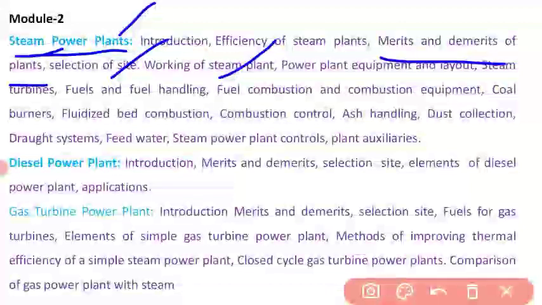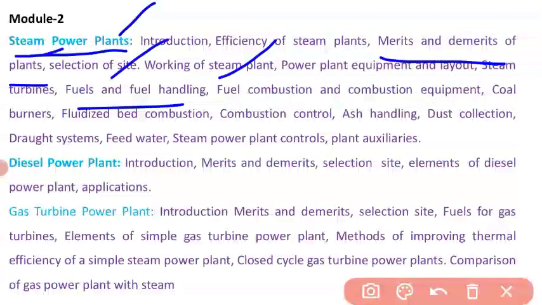There is a block diagram showing how it works. In detail you are going to study the thermal power plant or steam power plant. Further there will be fuels and fuel handling, and fuel combustion. So everything related to steam power plants you study in this module 2.